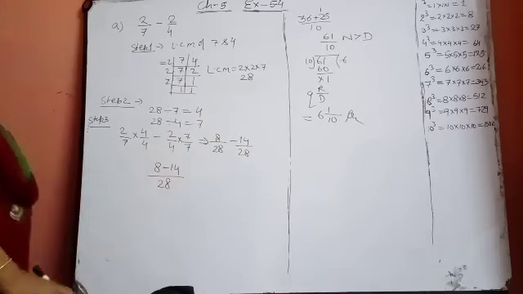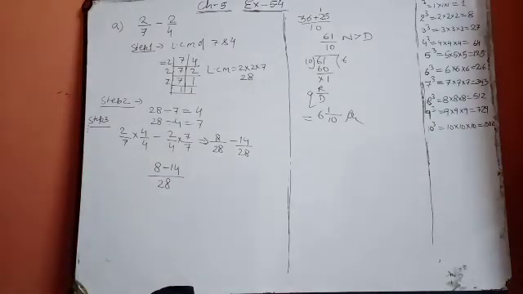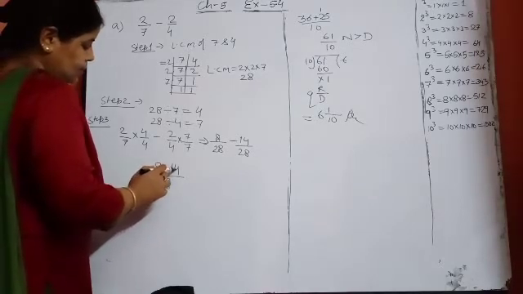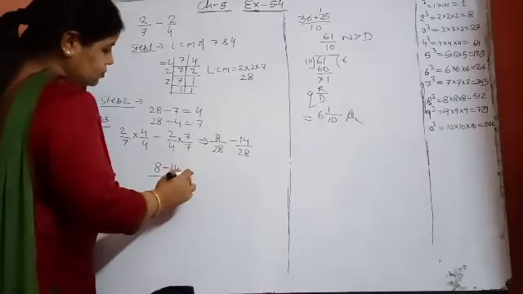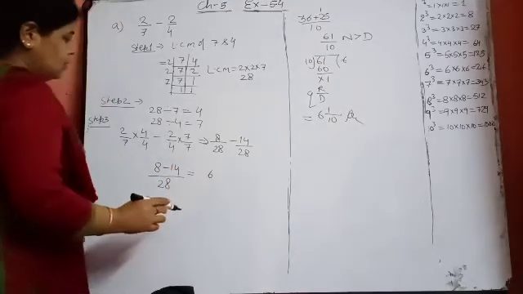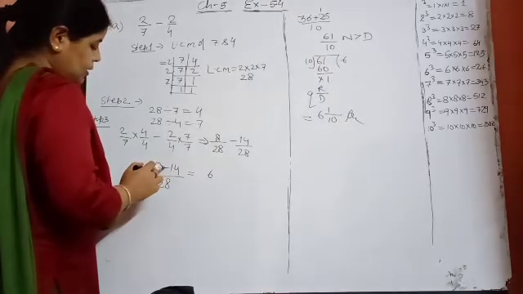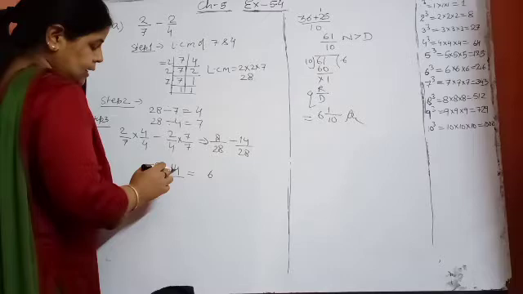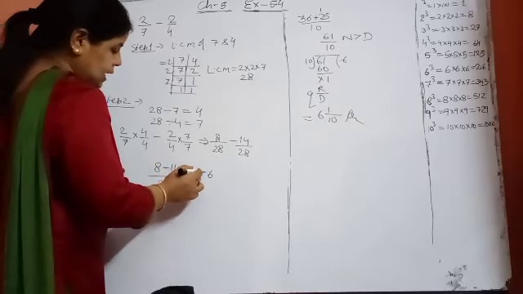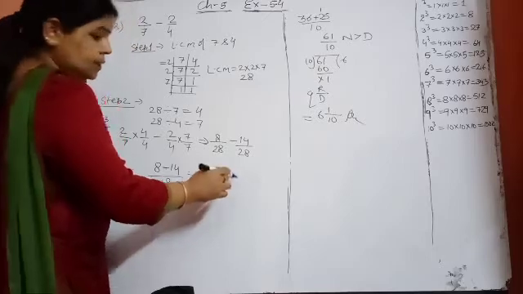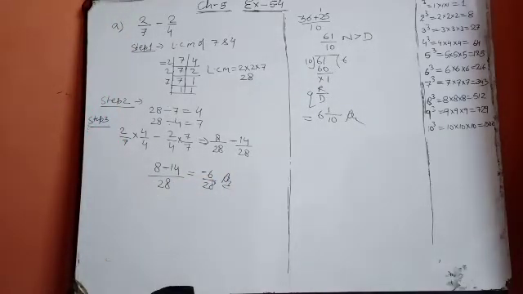If you subtract 14 from 8, how much will you get? 6. And what sign does the greater number have? From a smaller number you are subtracting a greater number. So in this case a negative value comes, upon 28. It will be your answer. Okay.